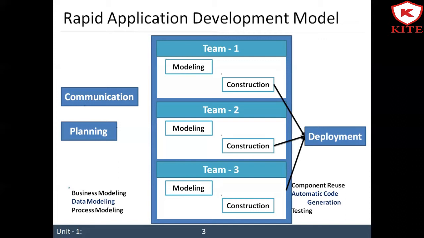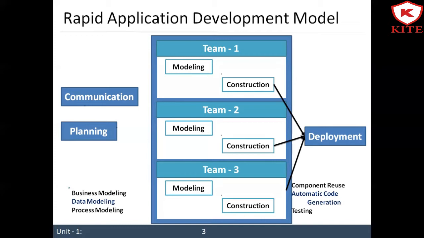If requirements are well understood and project scope is constrained, the rapid application development process enables a development team to create a fully functional system within a very short time period.